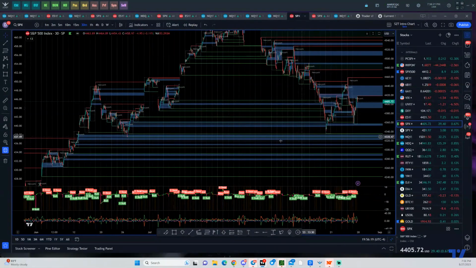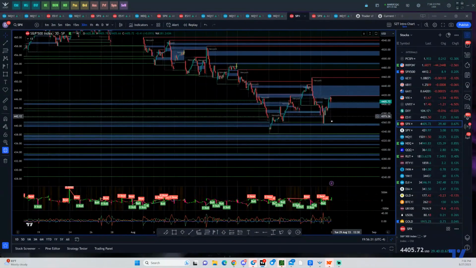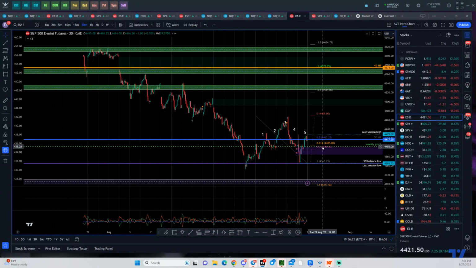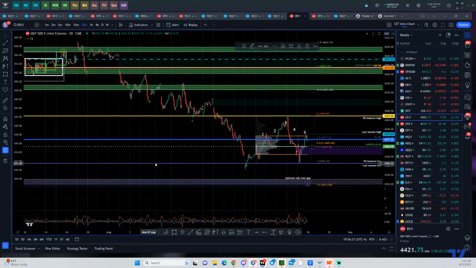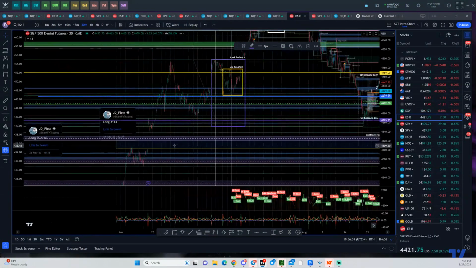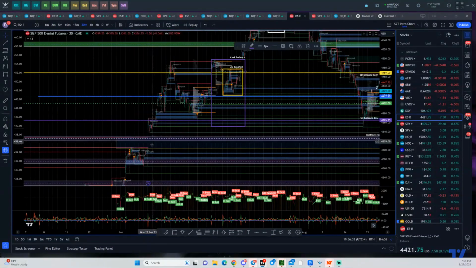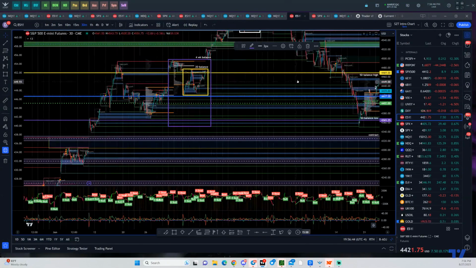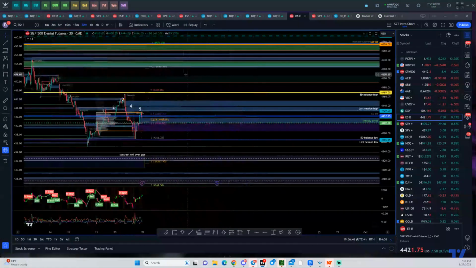SPX doesn't do contract rollover, so it would be really hard for me to see. Let me take a look at it in here. So we got that gap there, and the contract rollover gap is right here in this area. It's hard to see, but this is where we are in the contract rollover from June to September.